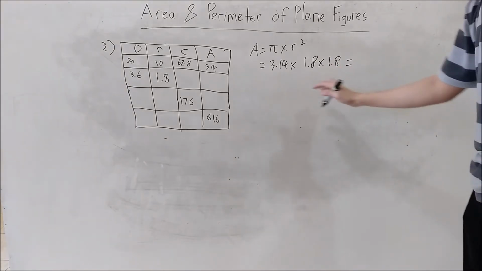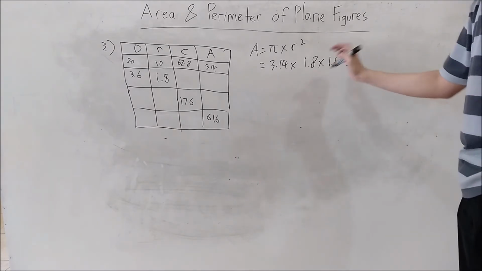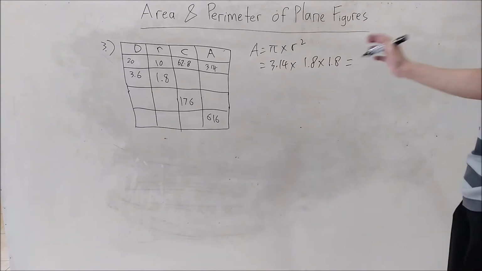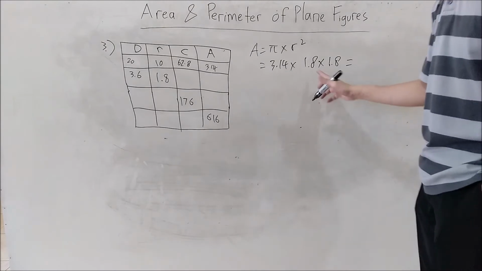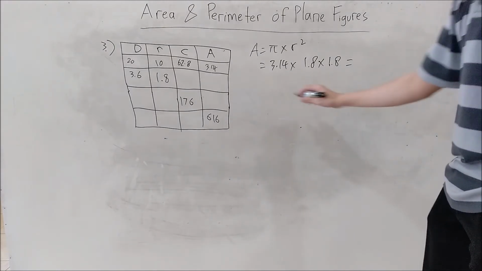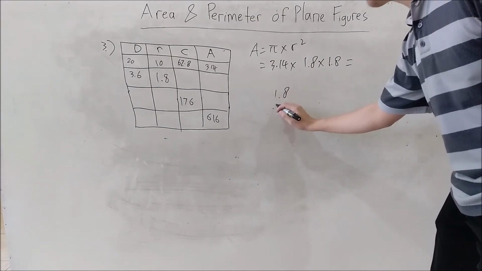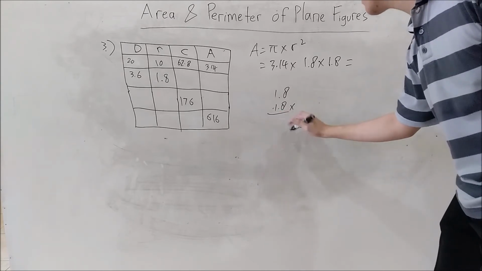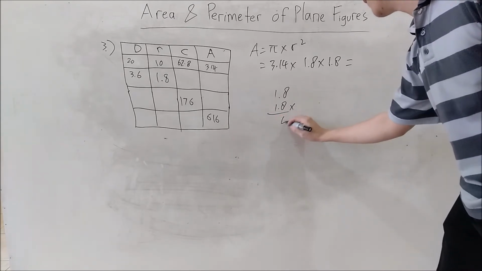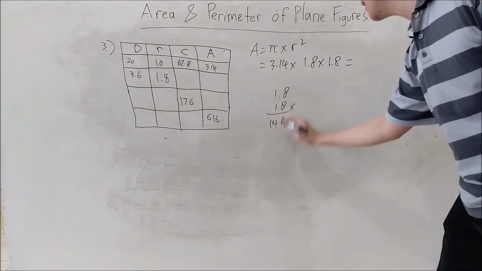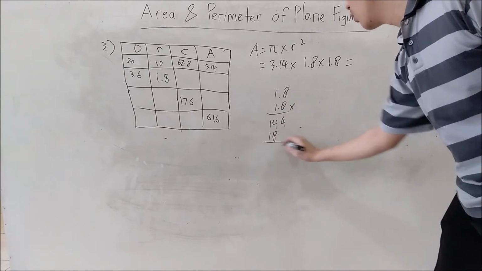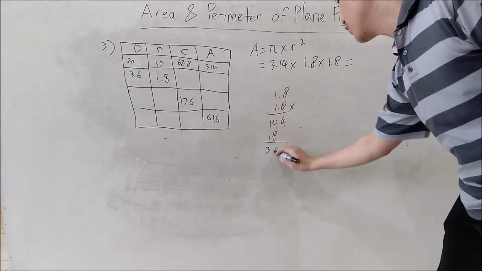What you will do is just multiply it as a normal multiplication. When I see this kind of multiplication, I will just count the 1.8 first. So 1.8 times 1.8, when you multiply it, it will be 144, 1 and 8 gives 3 2 4.